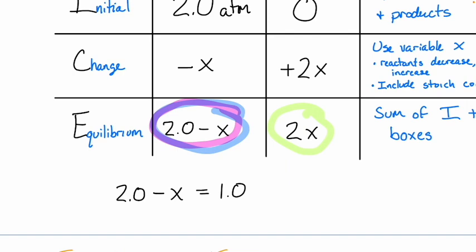That's my equilibrium pressure. And we can take this and rearrange and solve for x. Everybody practice your algebra and solve for x. 2 minus what equals 1? Excellent. So we have x equal to 1.